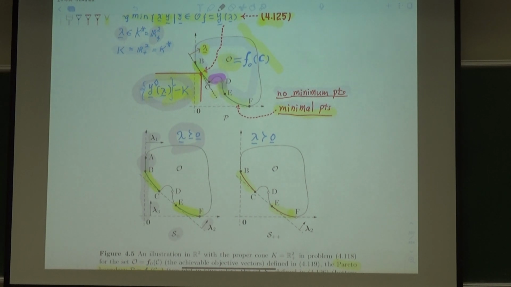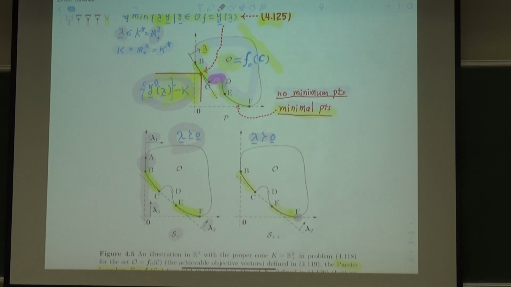Right? When you choose lambda strictly greater than 0, that means lambda 1 and lambda 2 are excluded. Then you're going to get from B to C and E to F. But F you will not get, because this direction, lambda 3, is not included for F. So you won't get it.